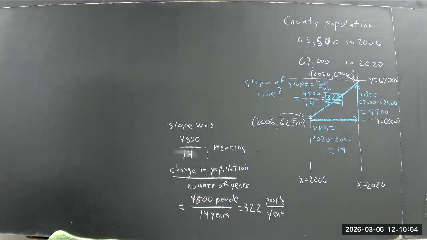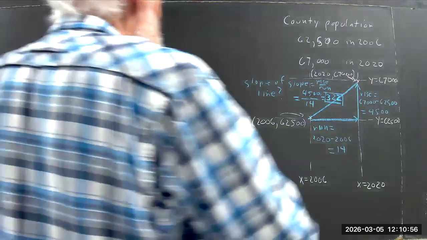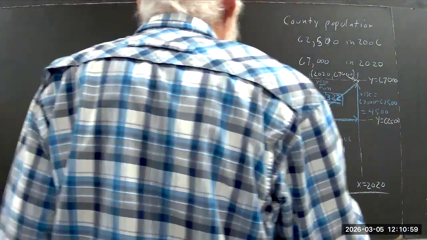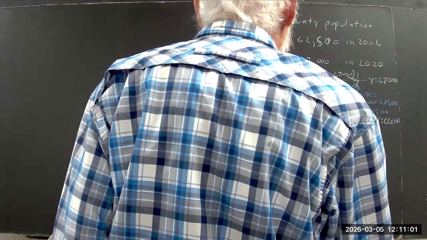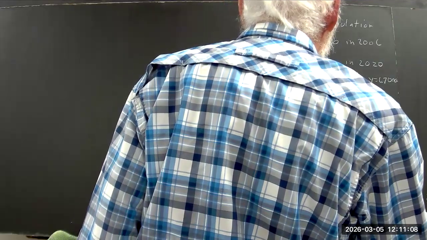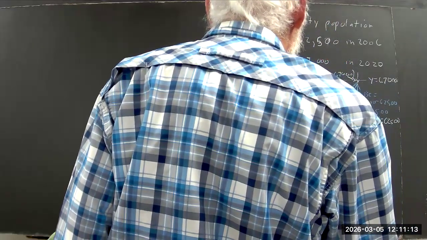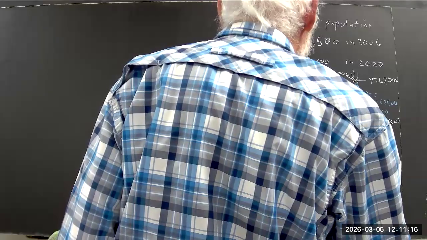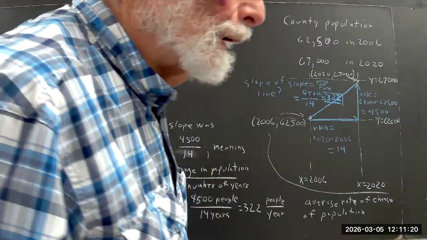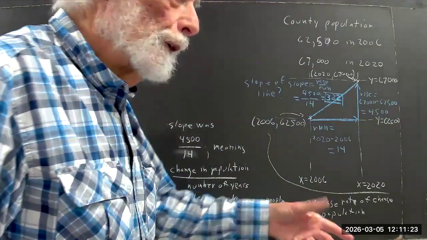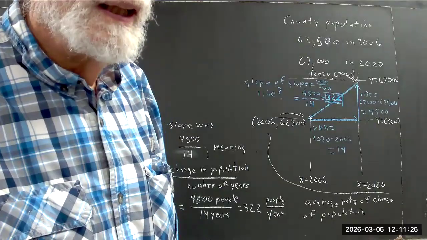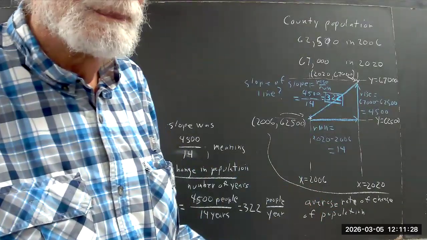Okay. It's the average rate of change of population. And that's pretty much all open math usually says. It's the average rate of change. They don't even use the word average a lot of times.